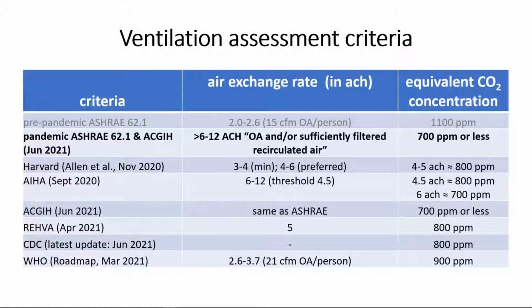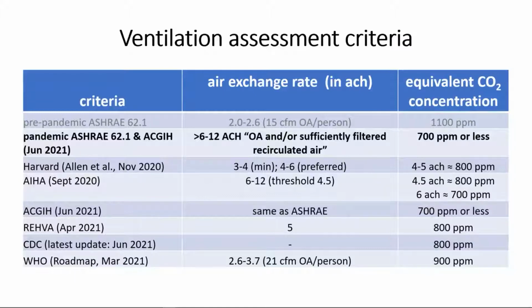So there are ventilation assessment criteria around. The pre-pandemic ASHRAE suggested 15 CFM of outdoor air per person, which is roughly 2 to 3 air changes per hour, or an equivalent of 1,100 parts per million of carbon dioxide.